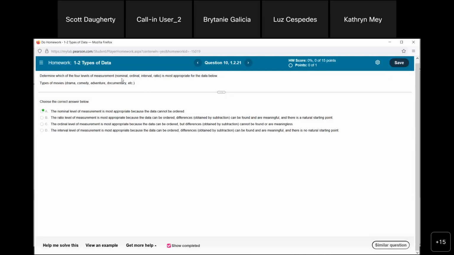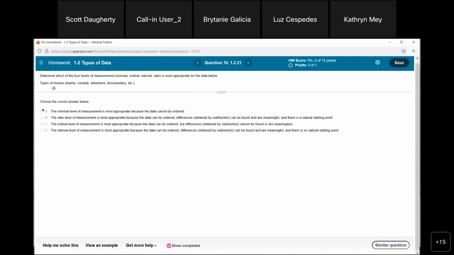So nominal refers to your data only having categories. So nominal data is simply data that has categories. Here's an example of that. If someone says, what types of movies are there?